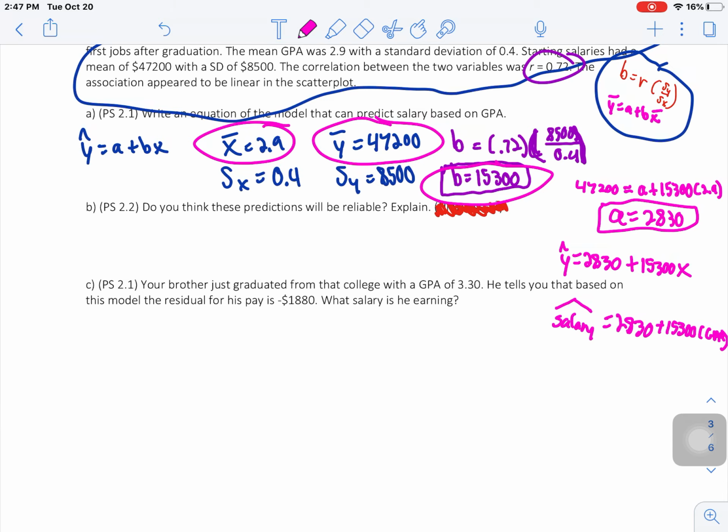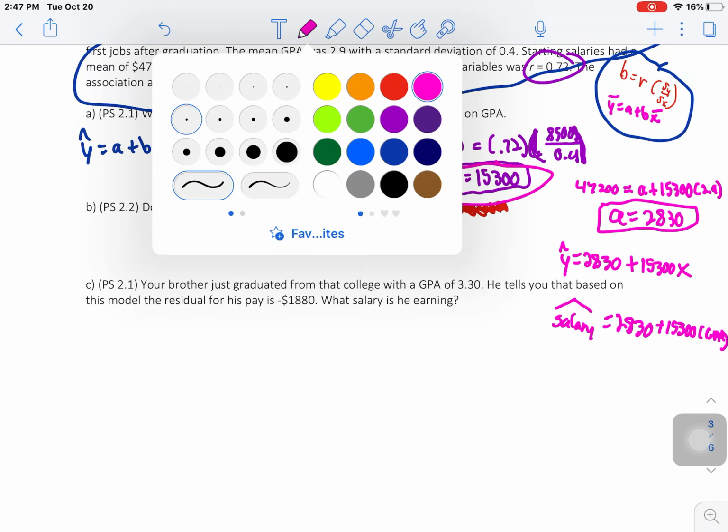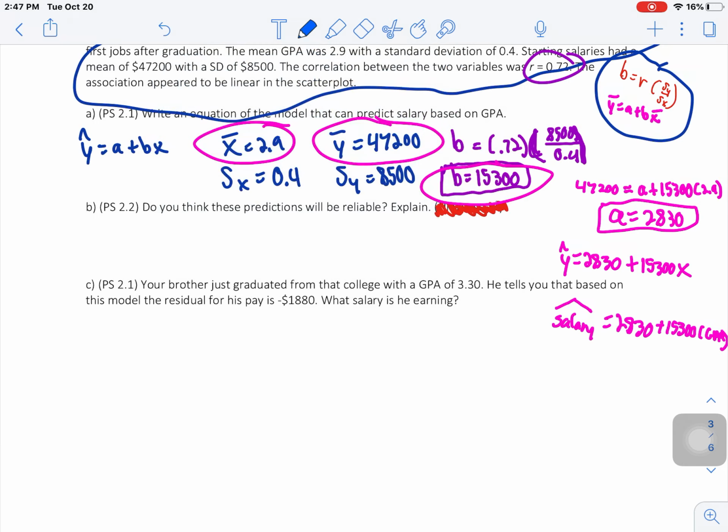Letter B says, do you think these predictions will be reliable? Well, to see how reliable this model is, we would need to look at how strong the model is, and they give us an R value of 0.72. The other thing that we would really need to look at is the residual plot, which we don't have here. So all we really have to work with is this R value of 0.72.